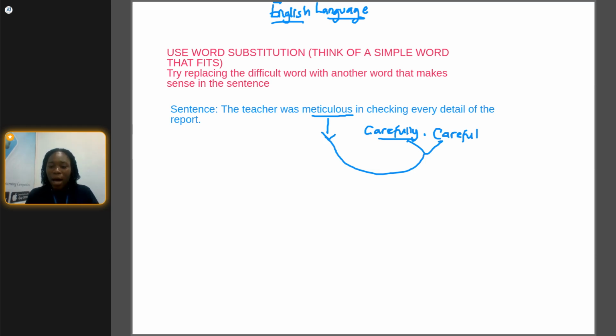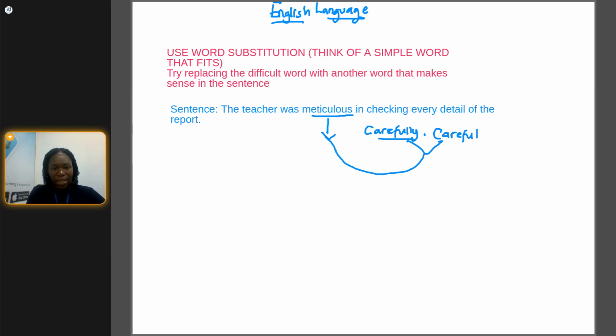And in the case of antonyms, you can definitely say careless. Meticulous could mean careless, or sloppy, or inattentive. So if you find any of those words under your options, you know what you are going for, because you already determined the meaning of meticulous by substituting it for careful or carefully.